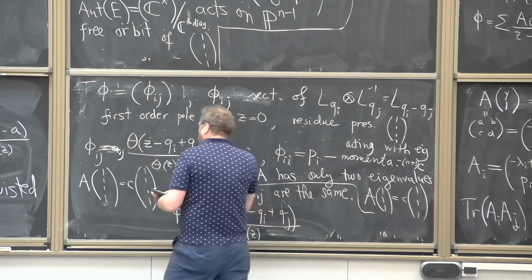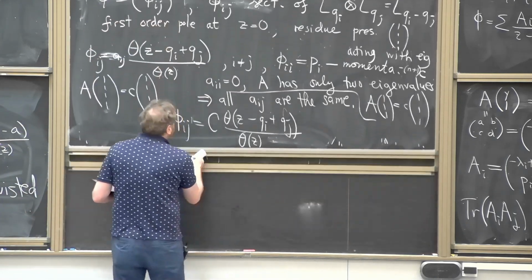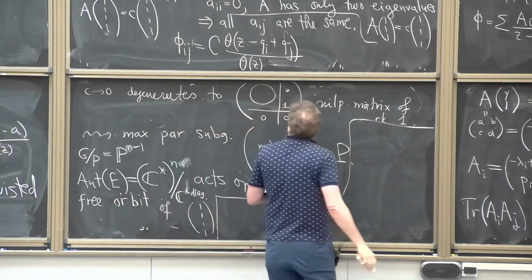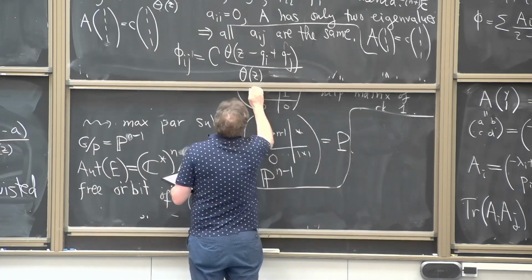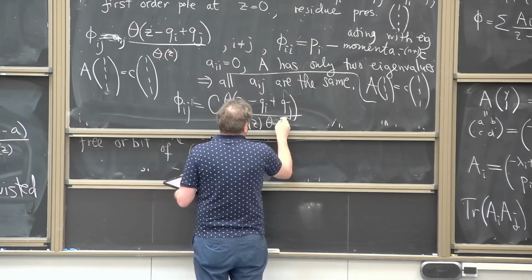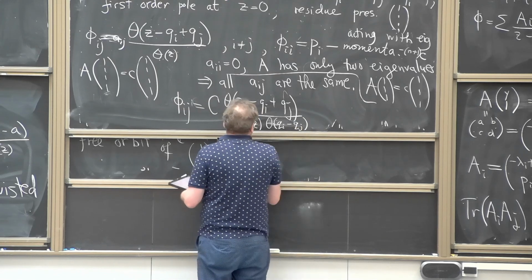And so here is our matrix P, and this is Krichever's Lax matrix for... Oh yeah, I'm sorry. Of course, because I want a residue, right?